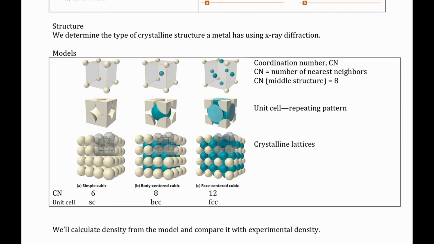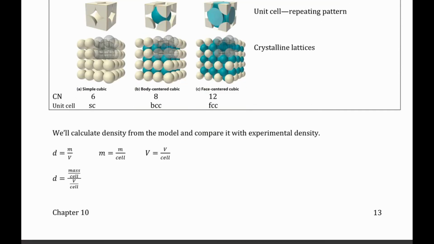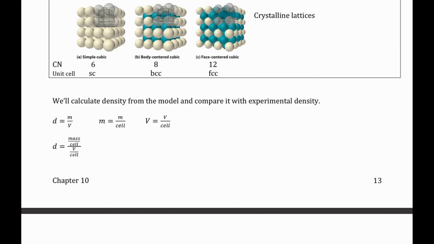What we're going to do is, from our model, calculate the density of a metal, and compare it with an experimental density, and the closer those two are to each other, the more we can be happy that we're describing it correctly. Density, remember, is mass over volume.